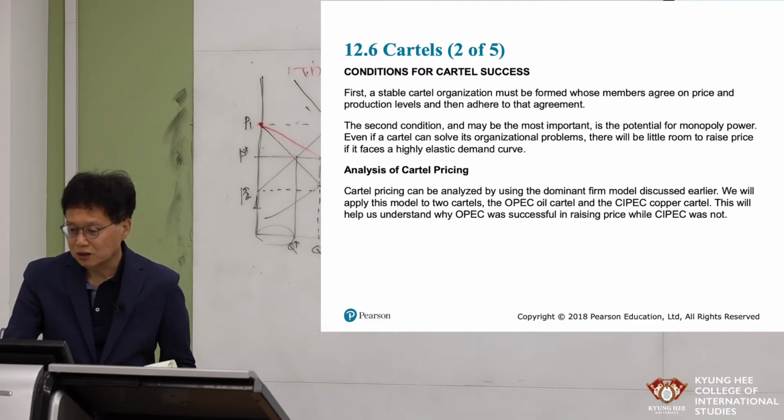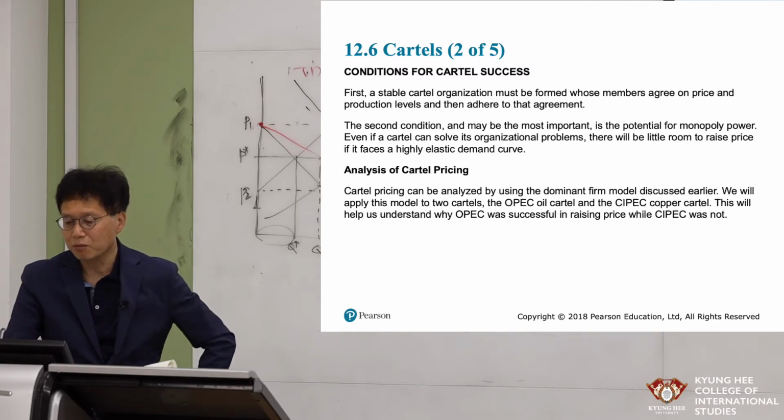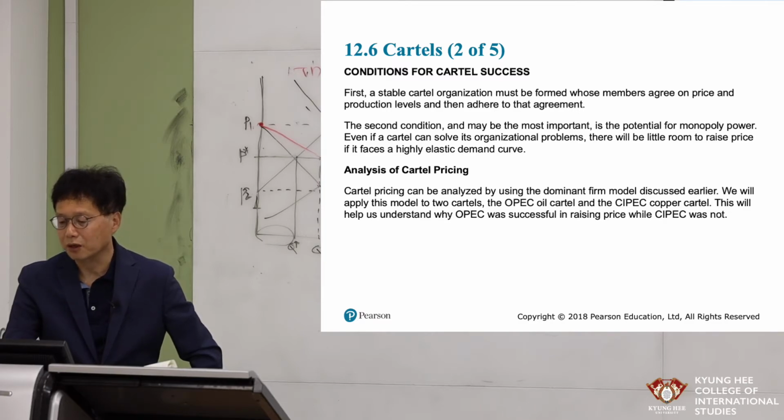That is the first one, stability. The second condition, and maybe more important than that, is the potential for monopoly power. In chapter 10, we already studied the potential for monopoly power: price, marginal cost, markup of price over marginal cost.